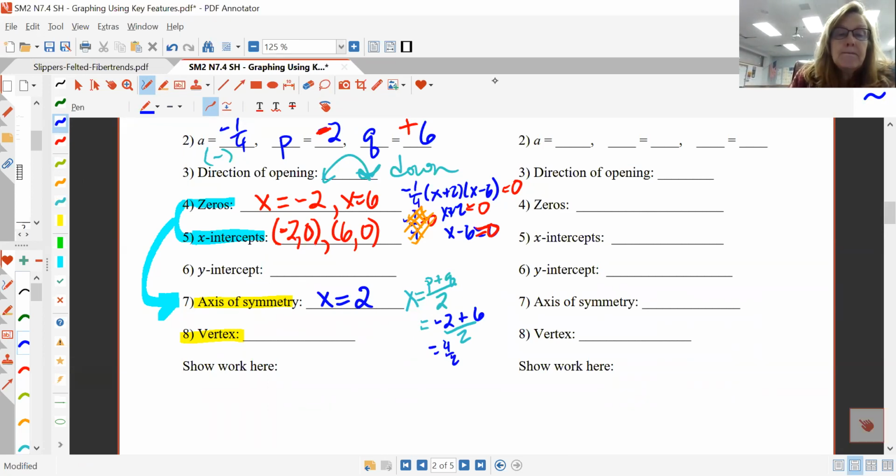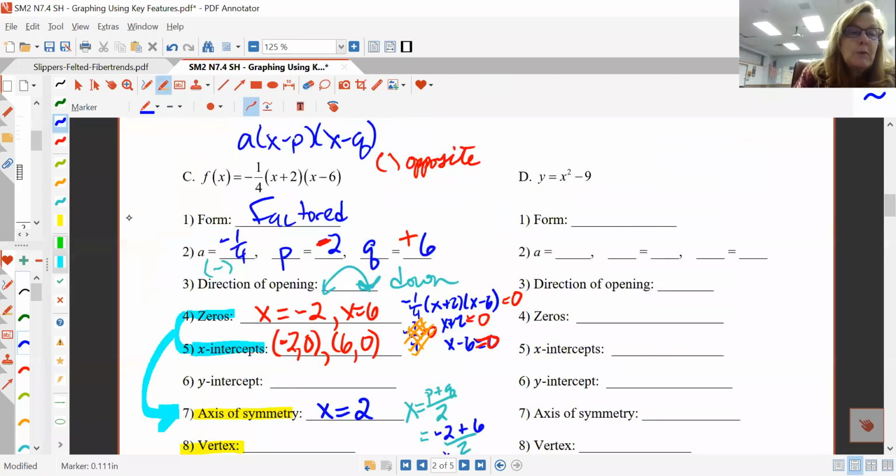All right. How do you find the vertex once you know that? Well, x has to be 2. What am I putting it into? Obviously, back up to my formula. So here's my formula that I'm using to calculate all my points.